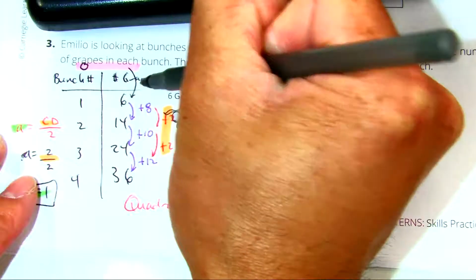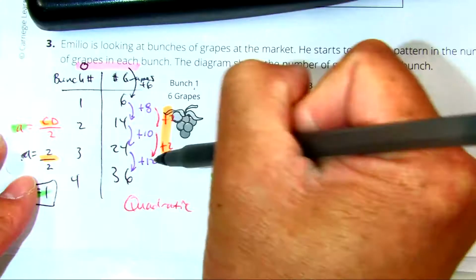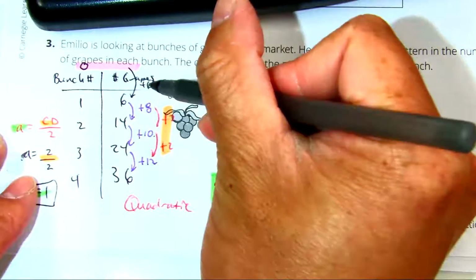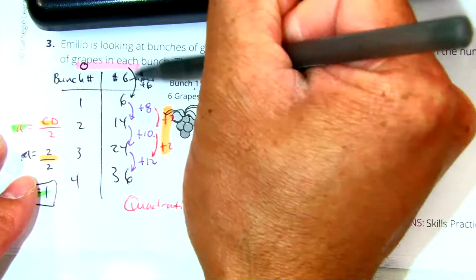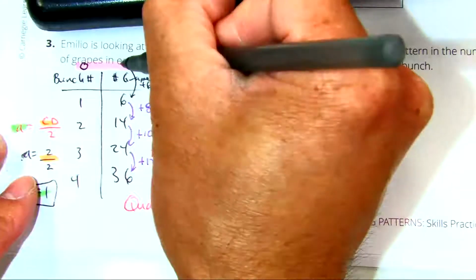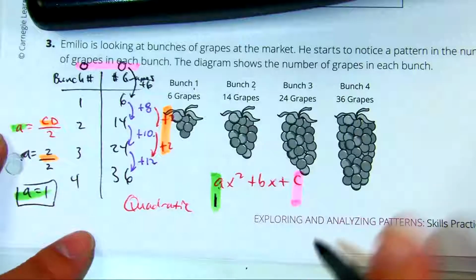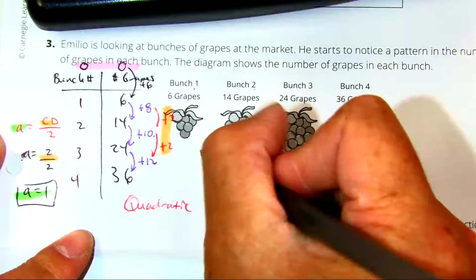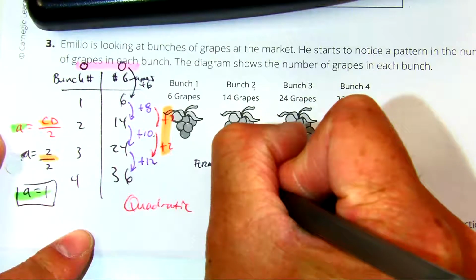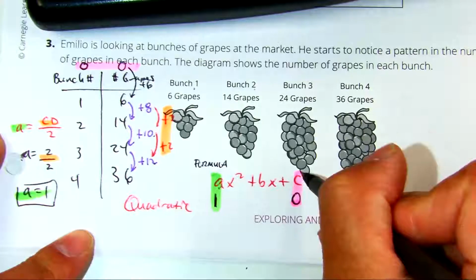So you would have to add 6, 12, 10, 8, 6. So this number plus 6 equals 6. So this number would have to be 0. So the A value, use the formula. This C value, use your table.